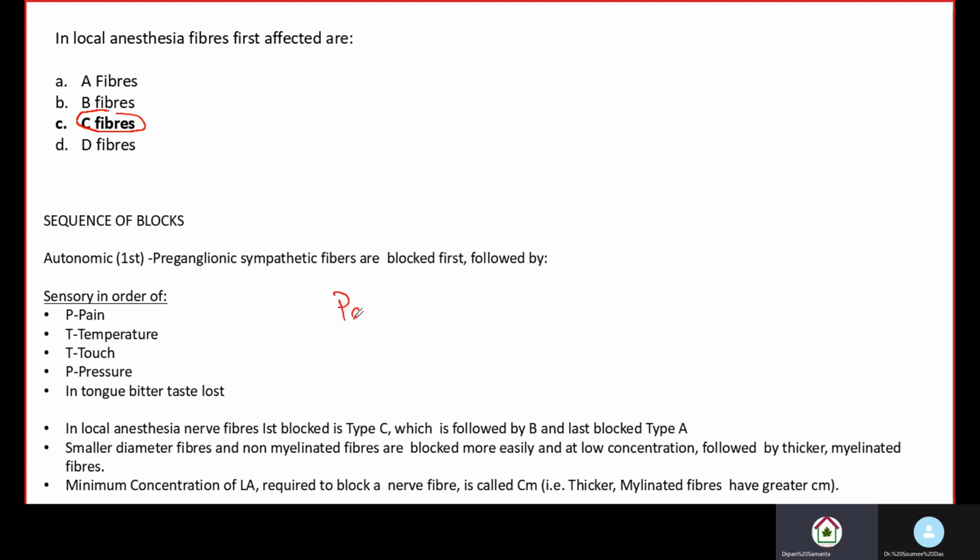First, the pain sensation will be blocked. Then temperature sensation, then touch sensation, then pressure, meaning deep touch. And after that, taste also gets lost, especially the bitter taste.